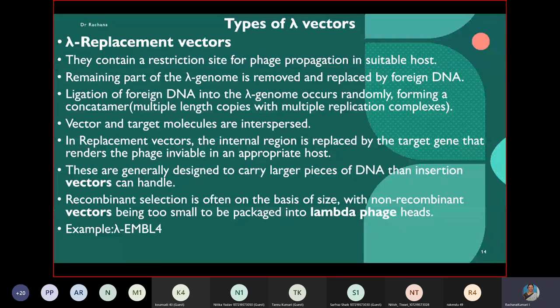Because wherever the gaps are formed, if the target site of a restriction enzyme is not just one site within the phage genome, if there are more than one, let us presume there are two target sites of a specific restriction enzyme, what happens? The linear DNA molecule will have two gaps, generating three fragments.